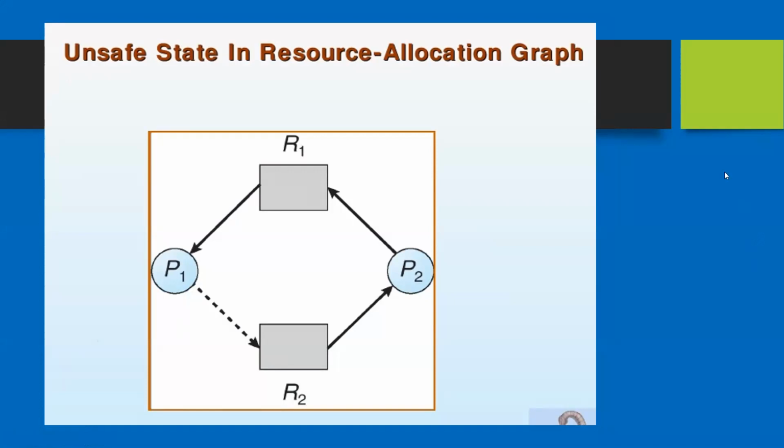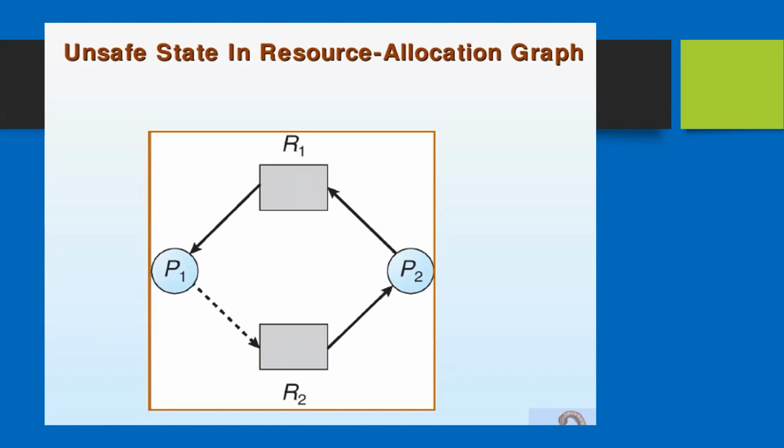So process P2 to R2, that means process P2 is claiming R1 and process P2 is assigned R2. Similarly, resource R1 is assigned to process P1 and process P1 is claiming resource R2.